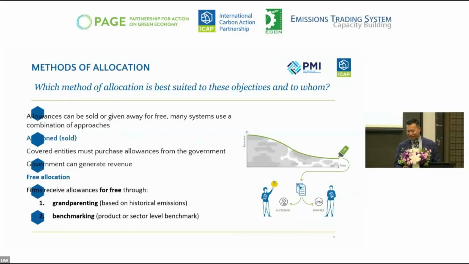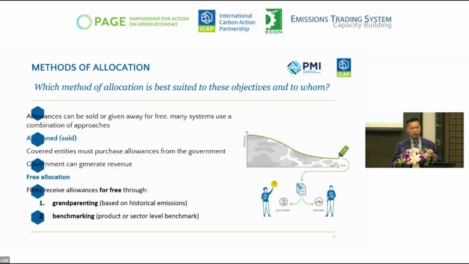But anyway, here, allowance. When the government sets a cap, for example, a 100 million ton cap, it can create 100 million allowances. And then the government needs to give these allowances to the companies. There are two major ways.